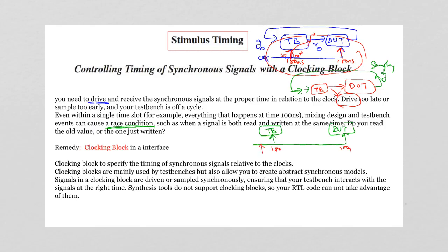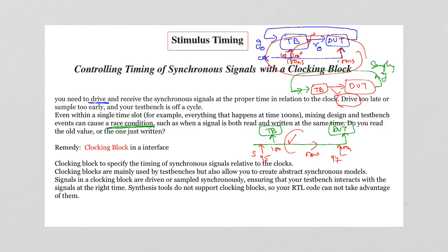So over here the sampling is done at this place, whereas driving is at this place. That means make it as 95 and this is 97. So if you are driving a new value, because at 95 itself sampling is done, the output of test benches is going to change based on the sampling value at 95 nanoseconds.